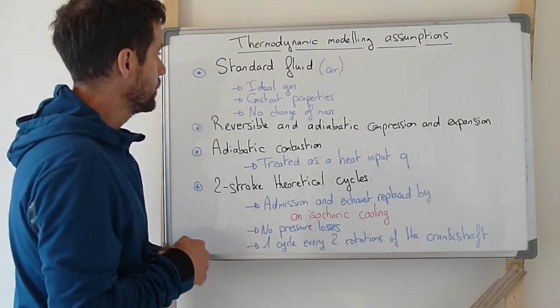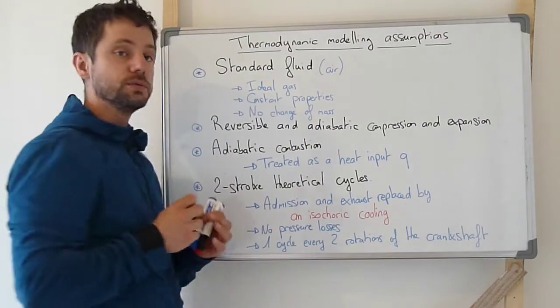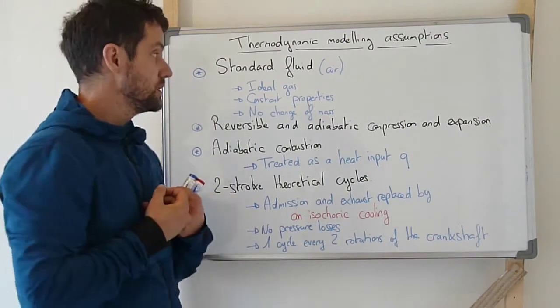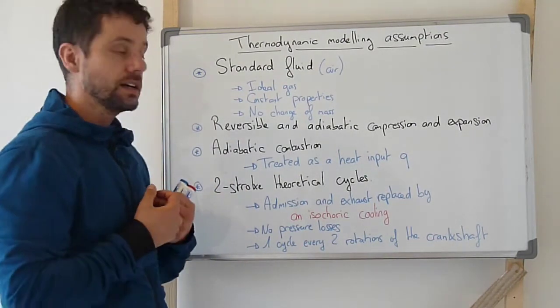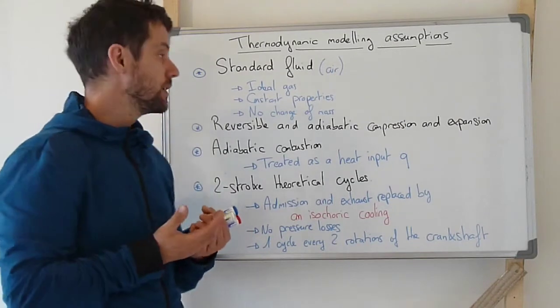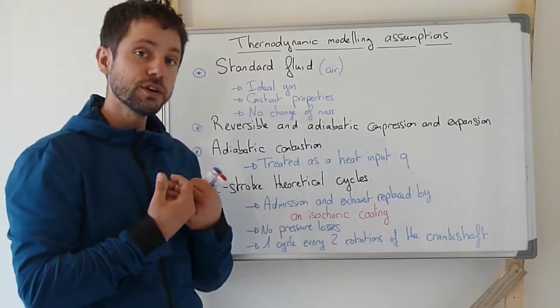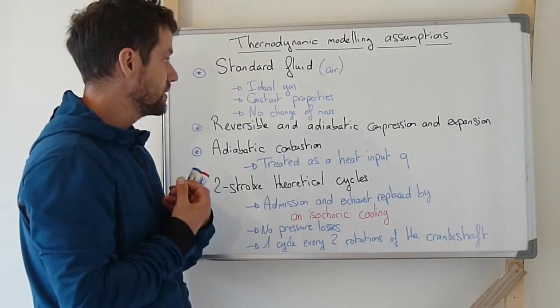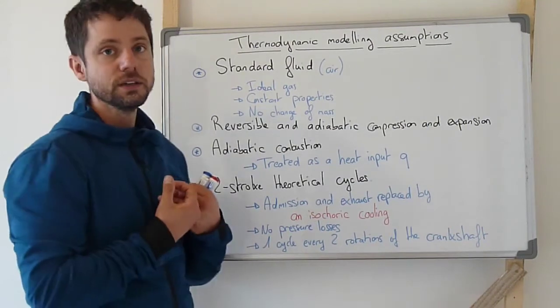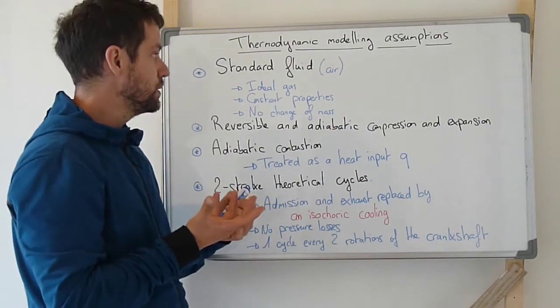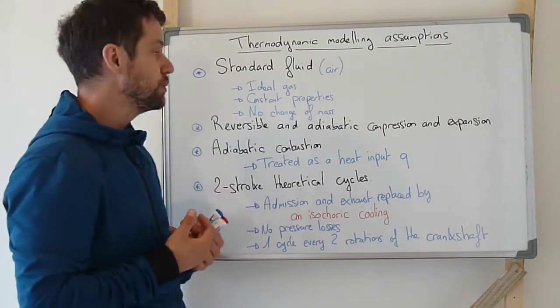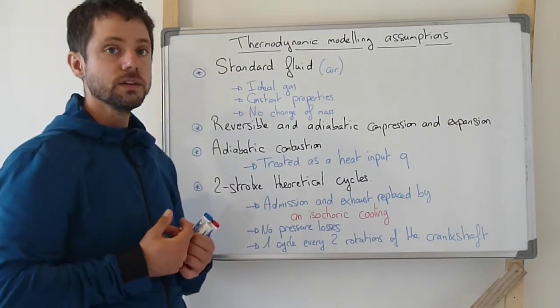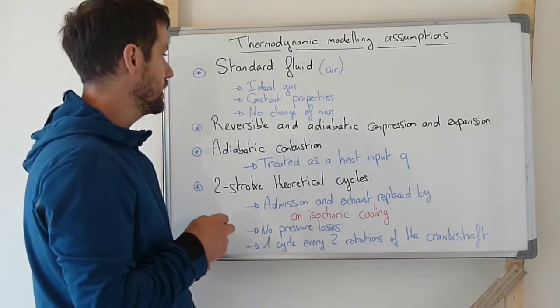So one thing we do is we consider that the standard fluid behaves as an ideal gas. That's a good assumption for us, because it will allow us to use the ideal gas law, but this is quite right anyway for the type of gas we have inside the engine.